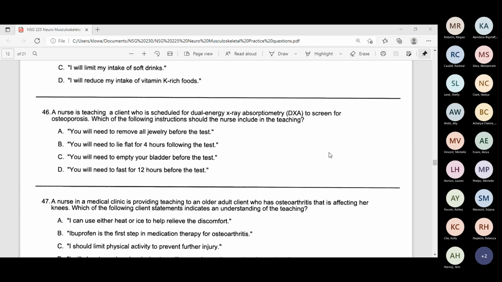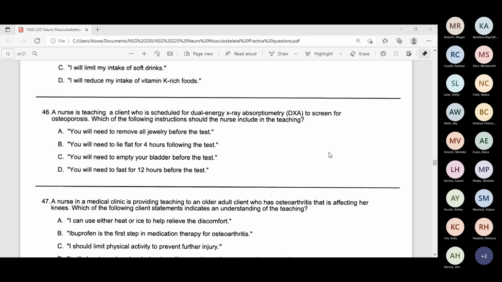Why do you think A? I have never heard of this test, but thinking X-ray, you don't really have to do super big things for that, but the jewelry, if it's metal, is going to impede your ability to see bone.